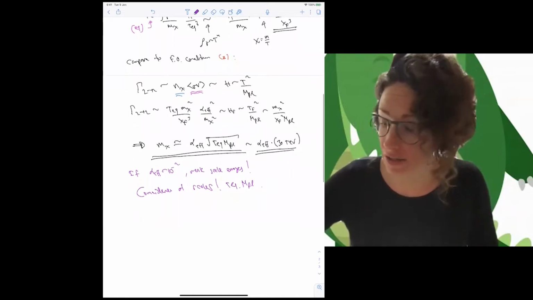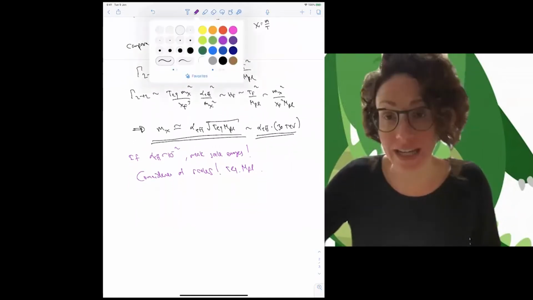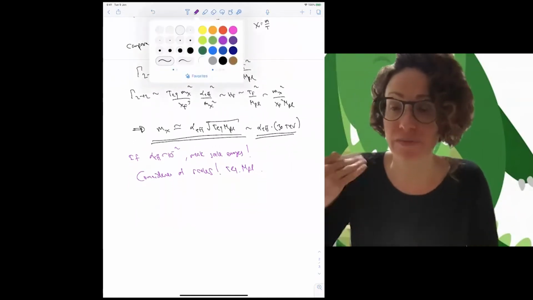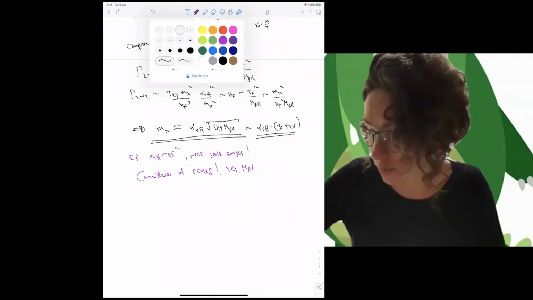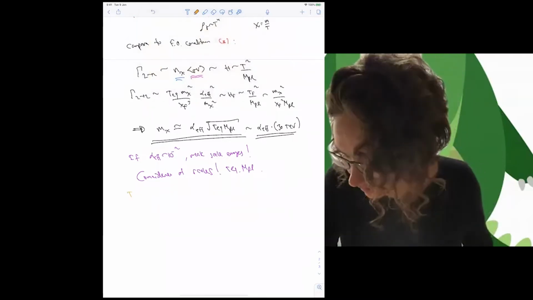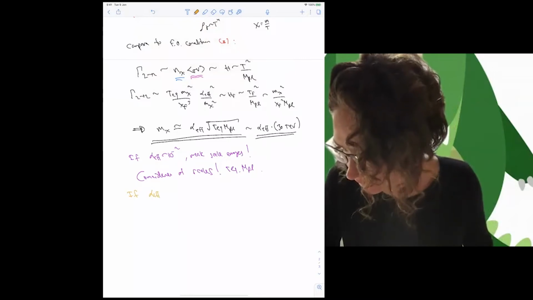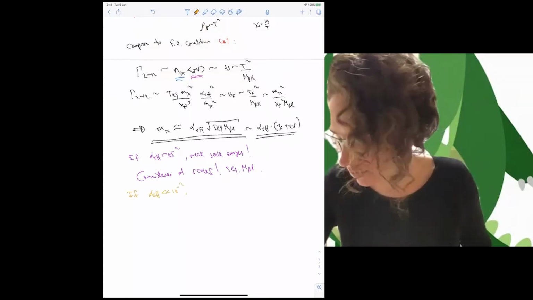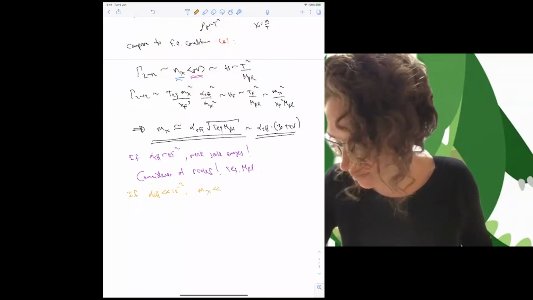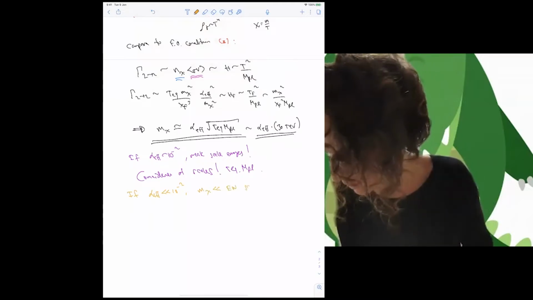And in particular, even though for so long people have been focused on thinking about weak sized coupling, which gives us weak masses, I just want to point out that we see very easily that if, for instance, this coupling is much smaller than 10 to the minus 2, then we naturally get dark matter masses that are much smaller than the electroweak scale.